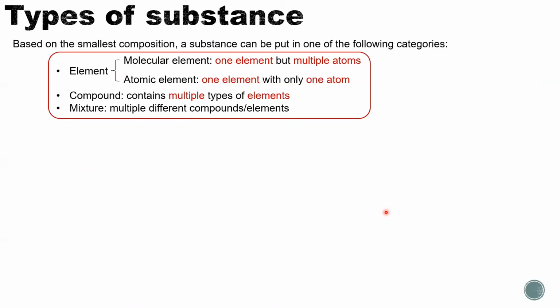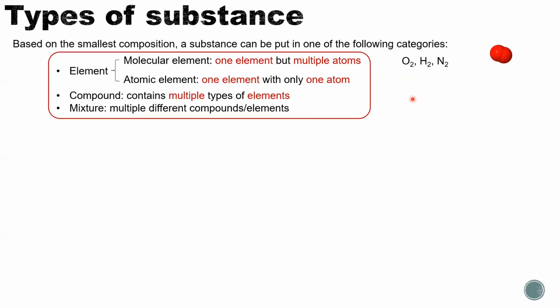For example, if we talk about oxygen, nitrogen, hydrogen, those gases, I can show you the chemical formula here. The smallest composition of this gas is made up of only one element, for example here, only the oxygen element, but with multiple atoms. Here we have two atoms. So we call this type of substance a molecular element.